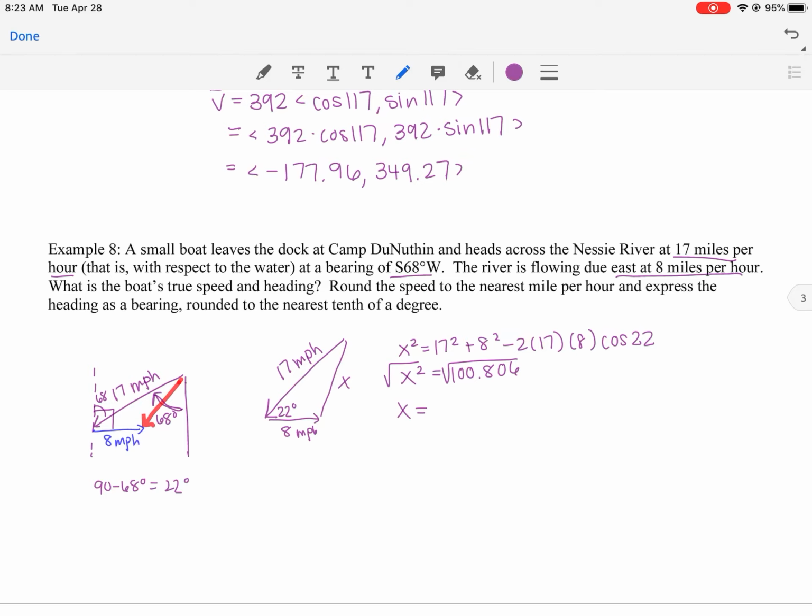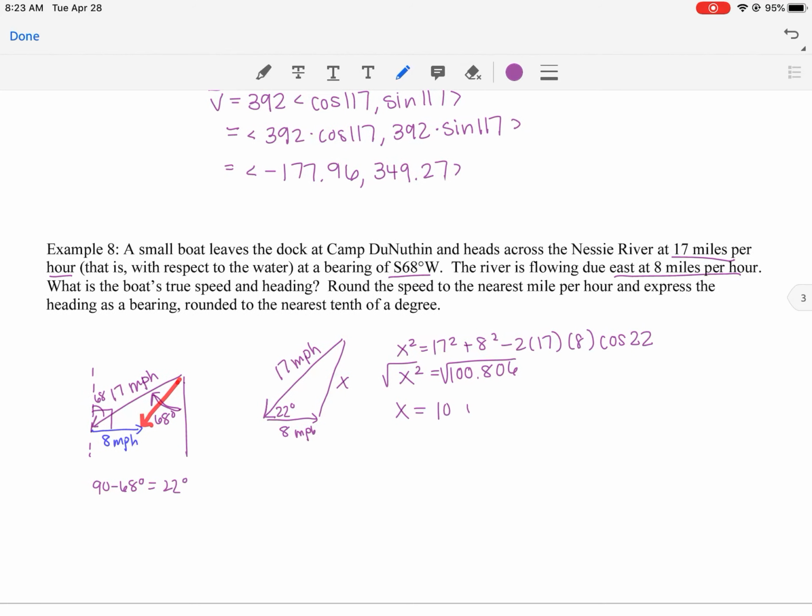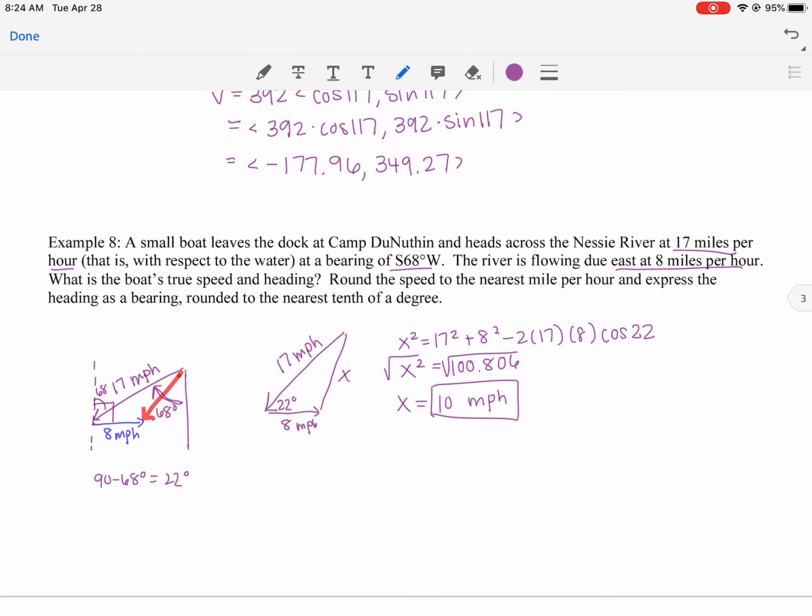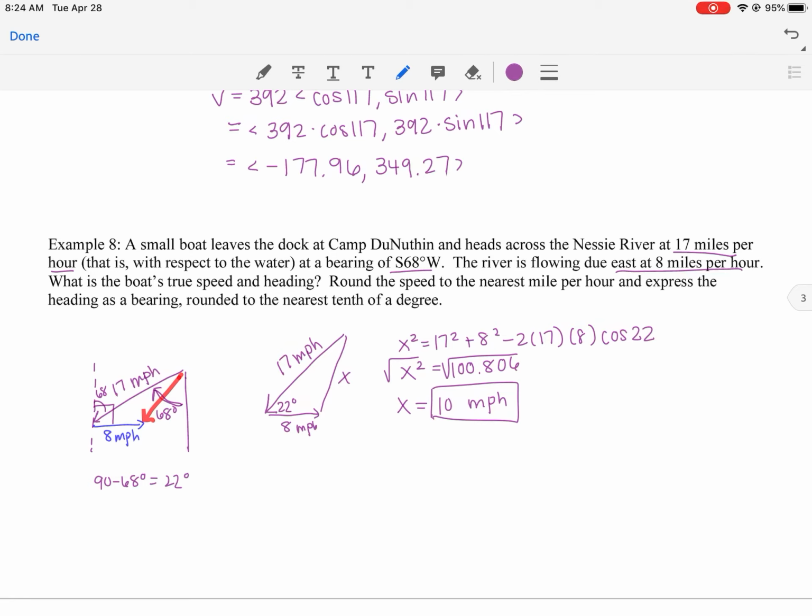I got the nearest mile per hour, so the square root of that is about 10.04, so we're going to call that 10 miles per hour. That is the boat's true speed.